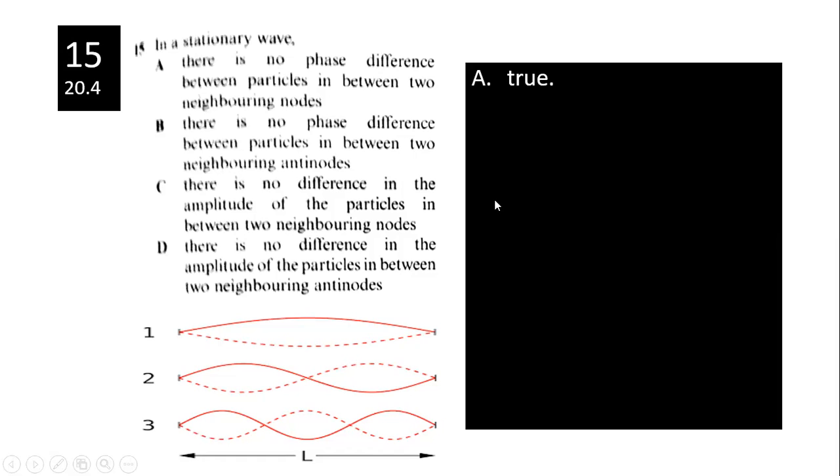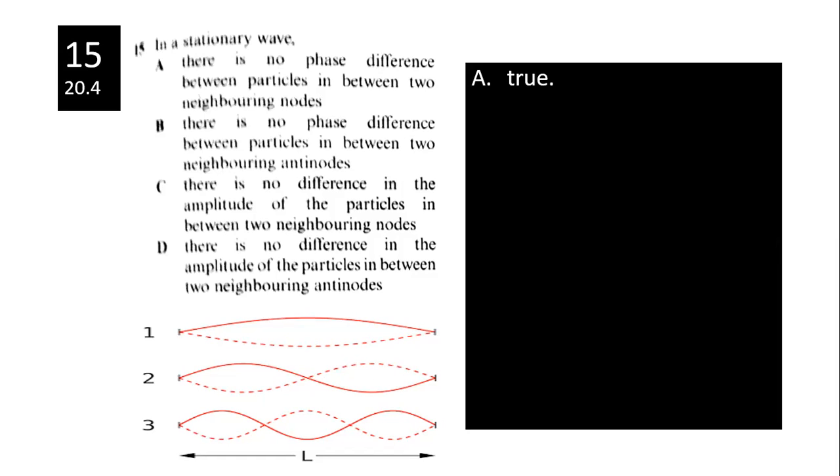There is no phase difference between particles in between two neighboring antinodes. What are they saying?